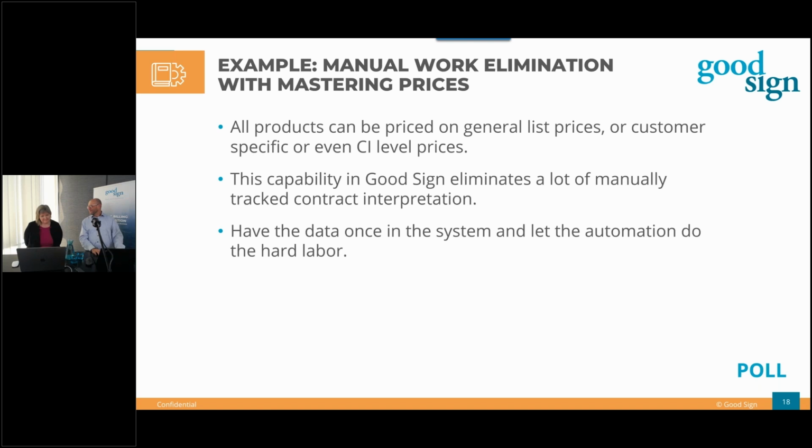I have a lot of examples of this manual work elimination. Good thing, that was one of the top ones today. One of the things that is causing quite a lot of headaches for the people in the billing team, finance team, or in the service management team is exceptions.